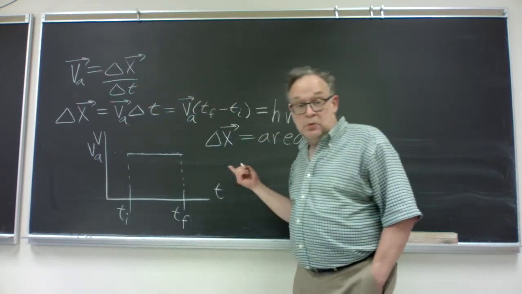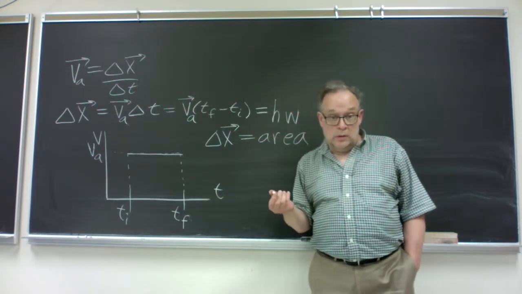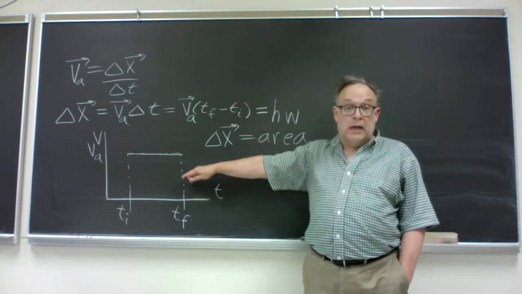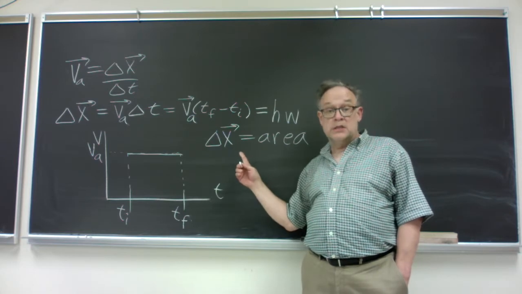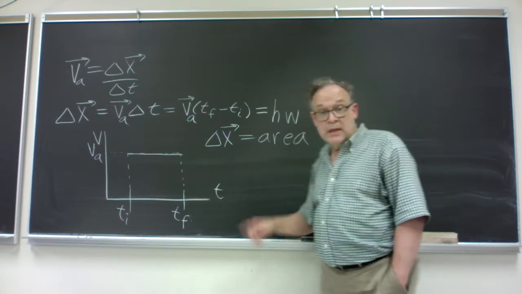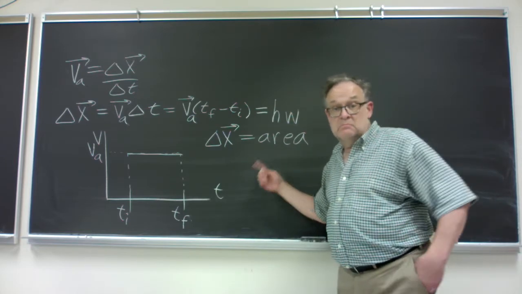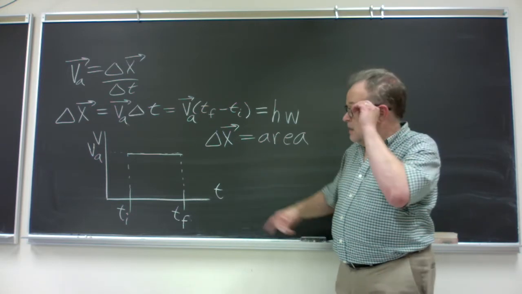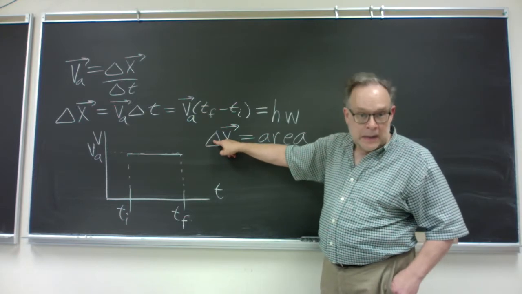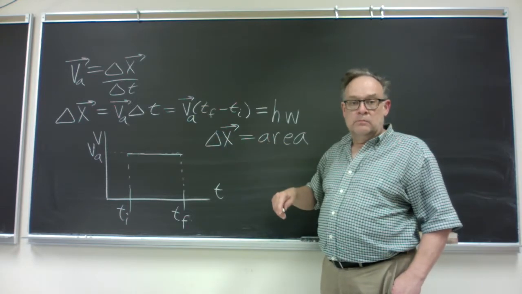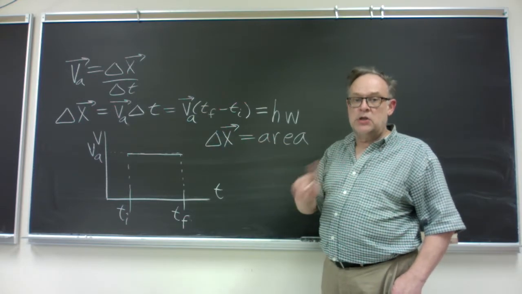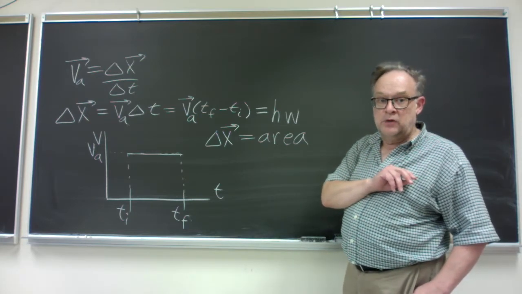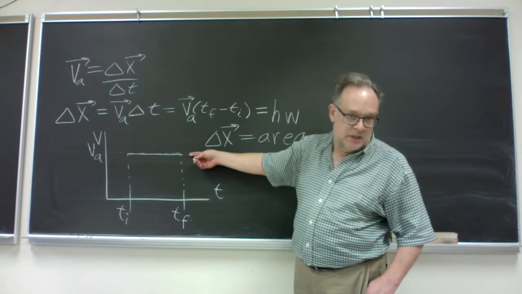And that's an example of a general rule that relates areas on a velocity graph to displacement. Area is, just by definition of area, a positive number, and that would make this positive. You get positive displacements only if there is a positive velocity, which is what we have in this case.